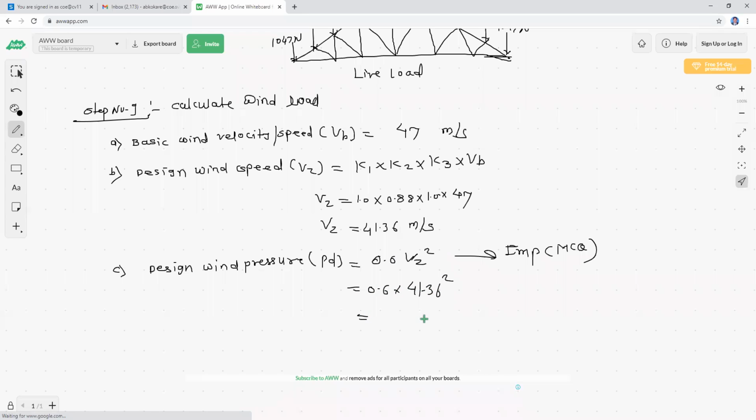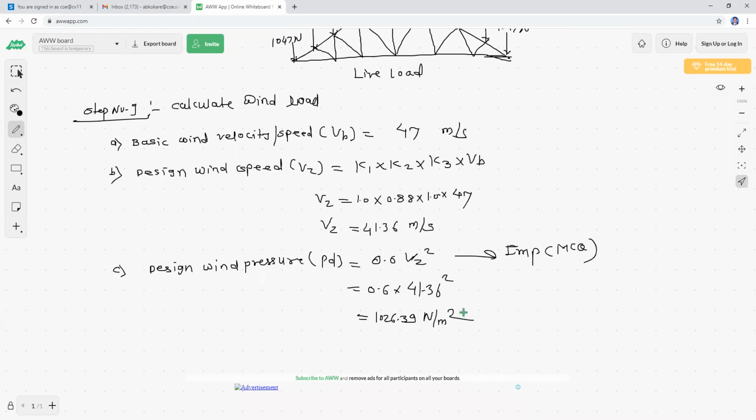So how much? This is in Newton per meter square, because this is a pressure. So 1026.39 Newton per meter square is the wind pressure.